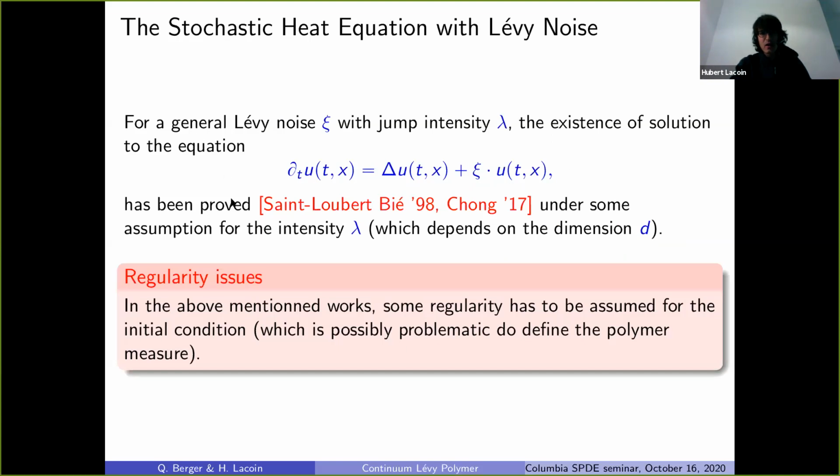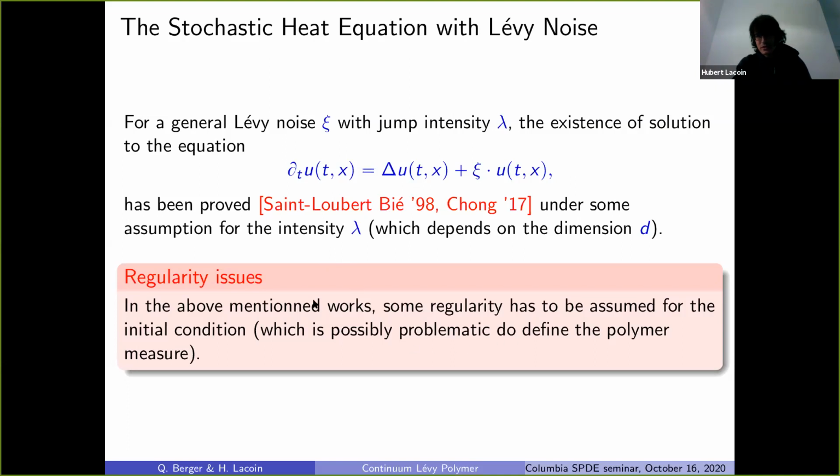It has been proved by Saint-Loubert Bié and then by Chong, with more general assumptions, that this equation admits a solution provided that your intensity lambda satisfies some assumption that I will talk more about later. This assumption that you have on lambda is something that you sometimes really need, and it depends on the dimension. Some other authors have worked on this in between.